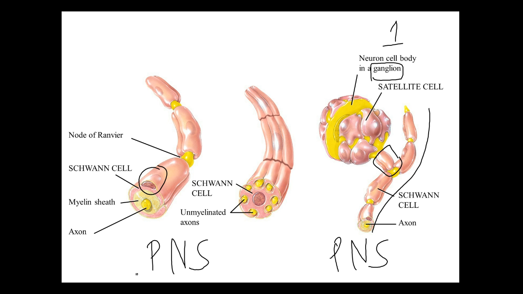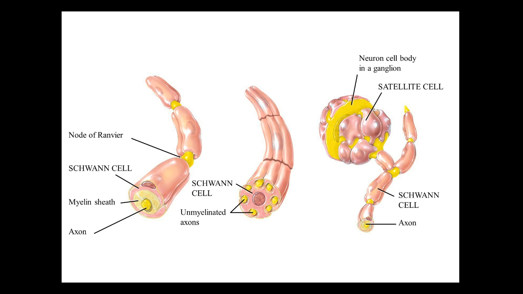And you'll notice that this cell body has lots of what I think look like little fried eggs laying all around it. These little fried eggs are called satellite cells. These satellite cells are different from the satellite cells found with muscles.